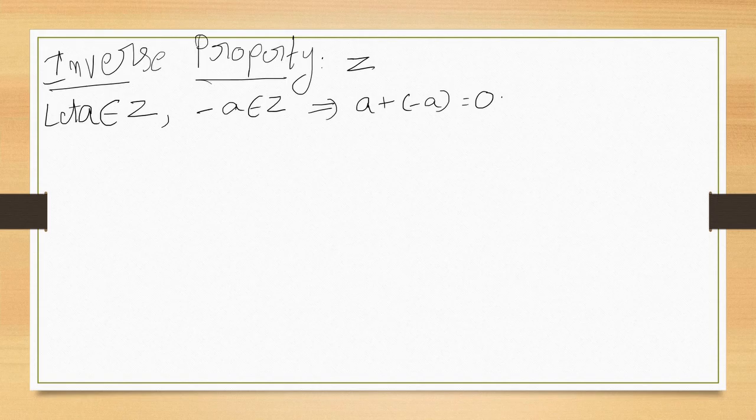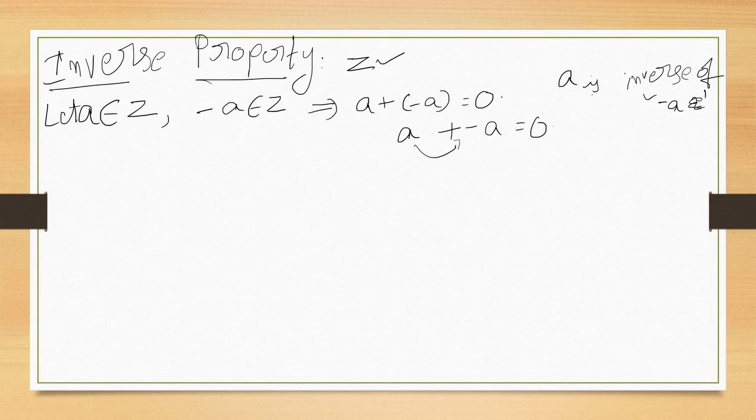This property is called the inverse property for the integer set according to addition. If we add any number a and its negative, we get 0. Here a is the inverse of minus a, and minus a is the inverse of a.